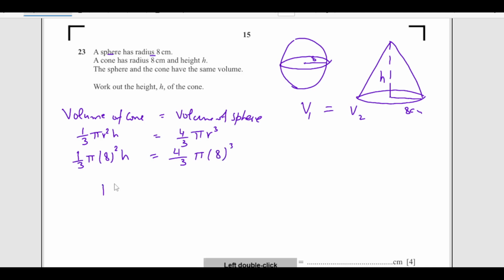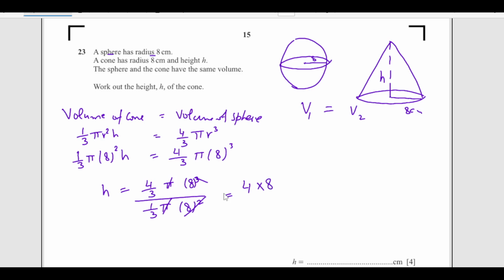So h is going to be, I am just writing it directly, pi 8 cubed, then we have 1 over 3 pi 8 squared. So this pi and pi cancel, this 1 over 3 and 1 over 3 cancel. So this will become 4 times, this is 8 squared, this is 8 to the power 3. So we are left with only one 8. So it is 32. Okay.